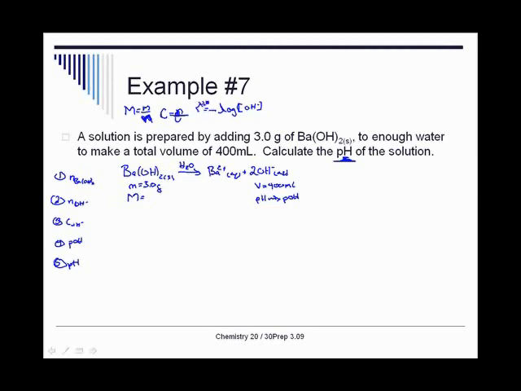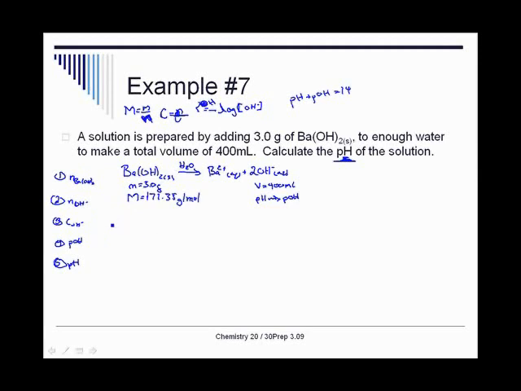This is going to give us pH, or pOH. Once we find the pOH, we can use pH plus pOH equals 14. So those are the formulas I'm going to need, and then it's just a matter of manipulating them the right way. So first we need the molar mass of barium hydroxide, and its molar mass is 171.35.